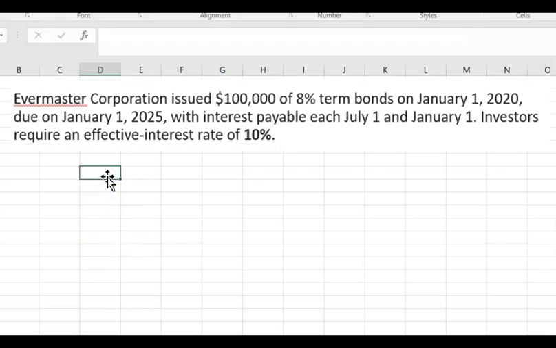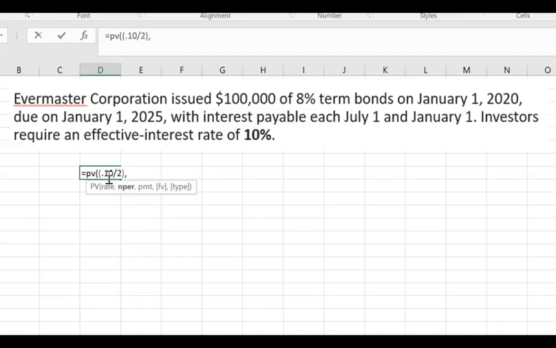To calculate the present value, or the cash proceeds at issuance date of the bond, we use our present value function. We put in the interest rate. We're going to use the market rate, 10%, received twice a year. So at each interest payment, there's going to be 5%, or 10% divided by 2.